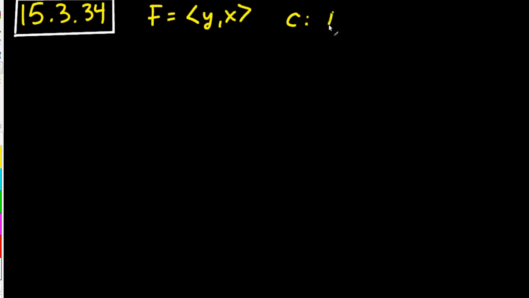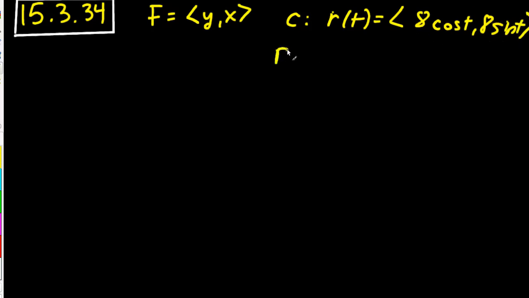So we can parameterize this circle as 8 cosine t, 8 sine t. Then we have radius 8, center at the origin, and indeed this is oriented counterclockwise.